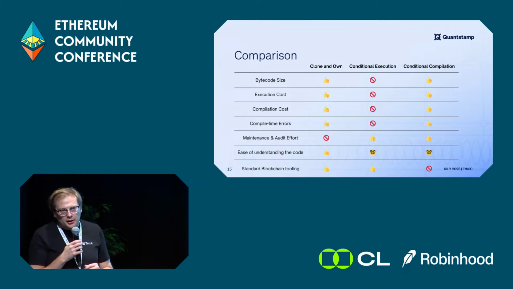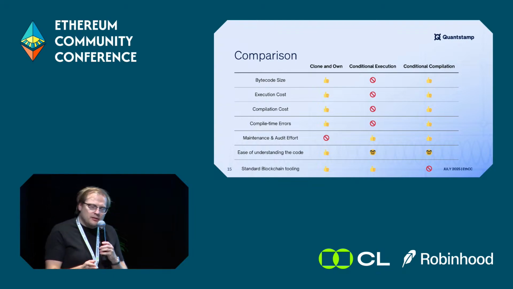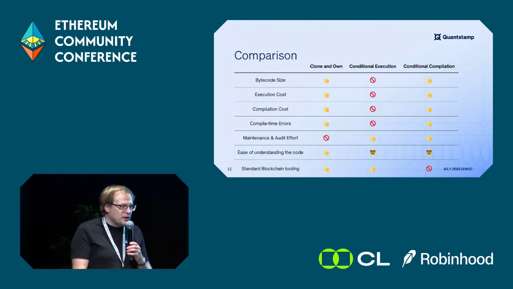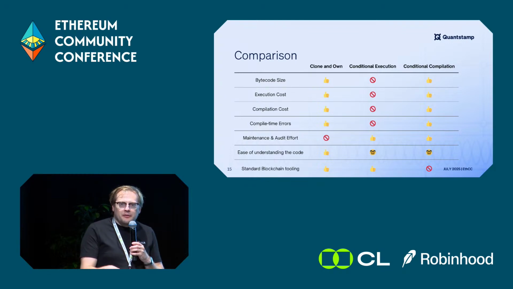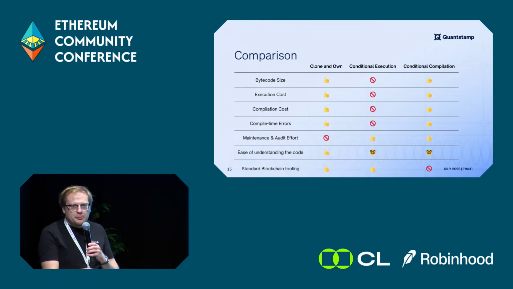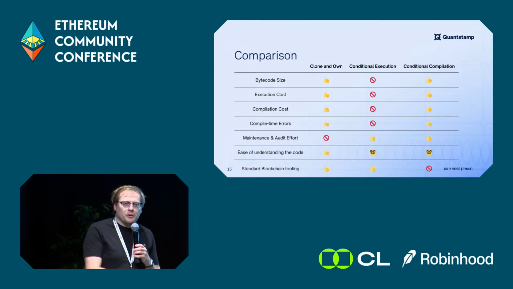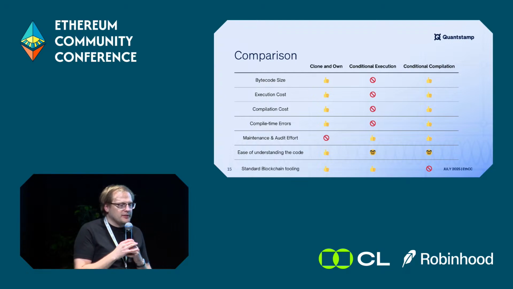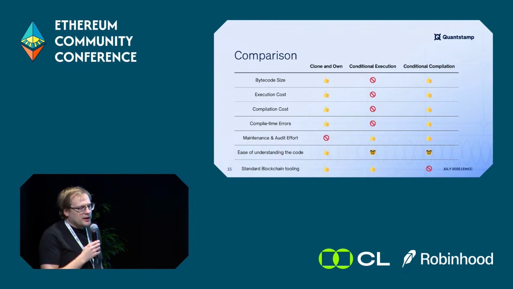Clone and own is a little harder for the auditing team if they want to do something like this, because they have to figure out if there's any version of the code that contains bugs that you didn't clone, right? You might have cloned a version that was pre-bug fix, and that's a problem. In this case, you get to see everything all at once, so I think it is a little bit nicer.